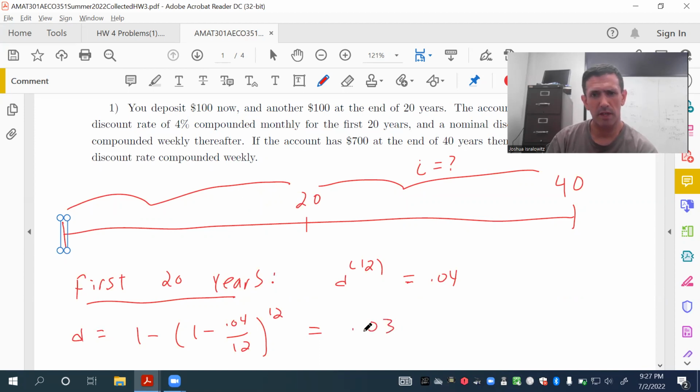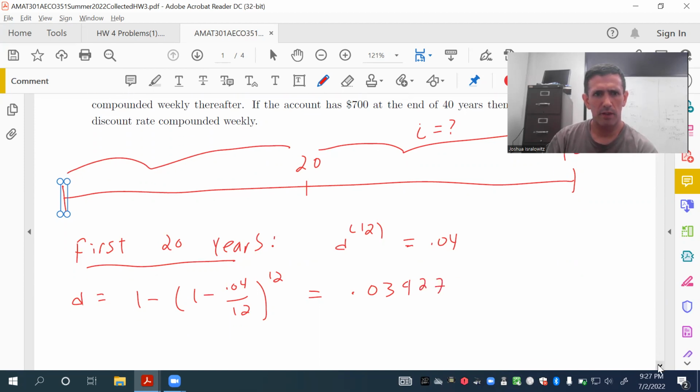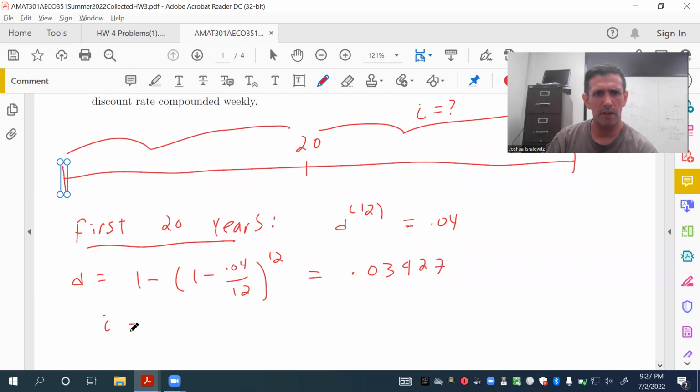Use the formula for D and then dump in for I. It's D over 1 minus D, so 0.03927 over 1.03927. This is 0.04088.